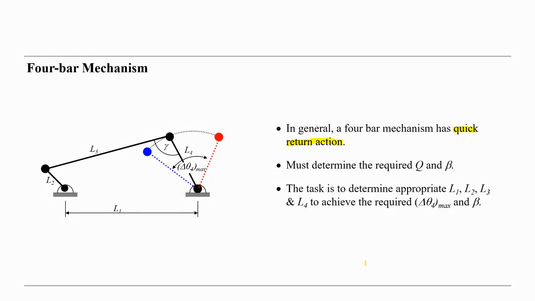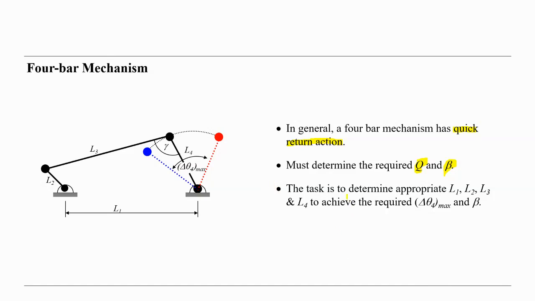And we must determine the required Q and beta. So what is beta? Q was the ratio we already discussed in the previous lesson. And beta is the imbalance angle.